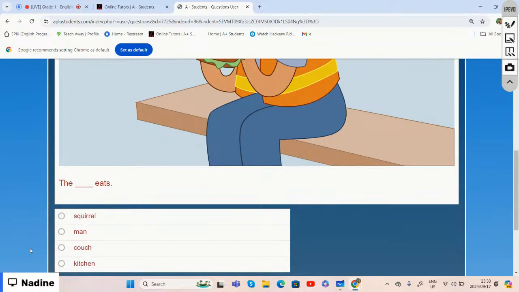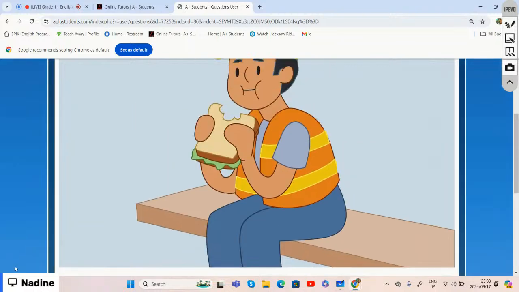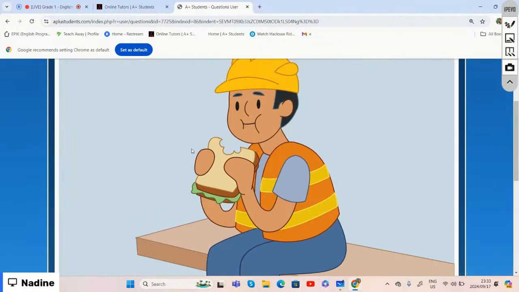If we look at the picture, who eats his sandwich? Is this the man, the squirrel, the couch, or the kitchen? Who is this that eats?